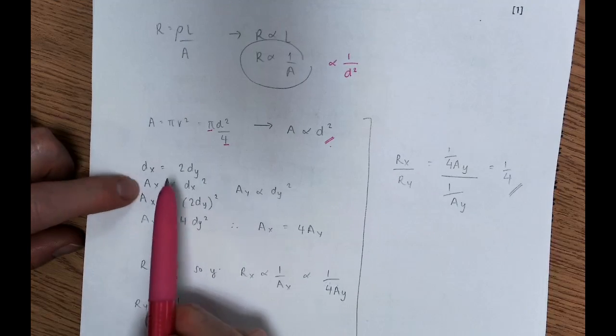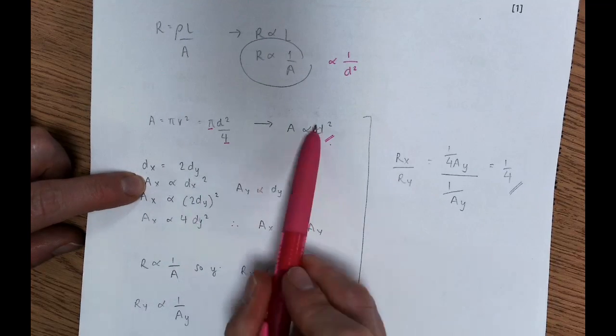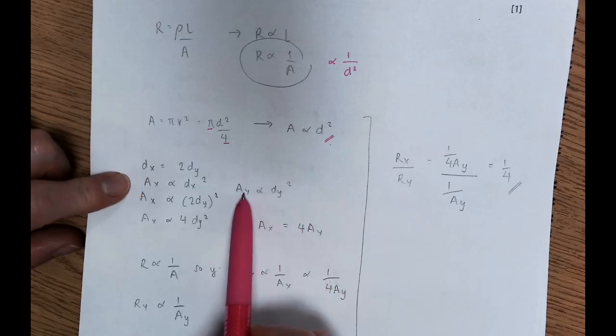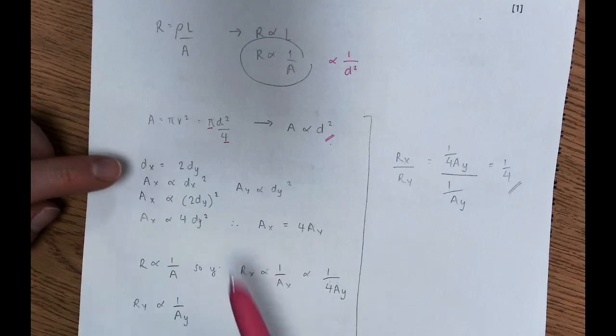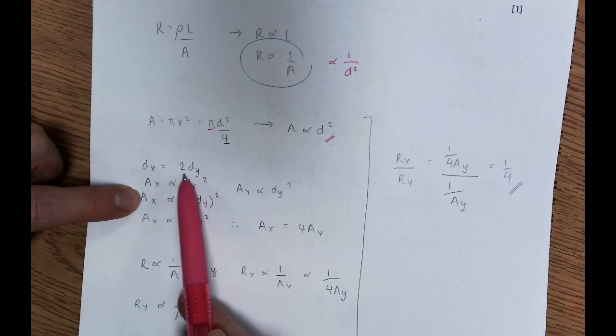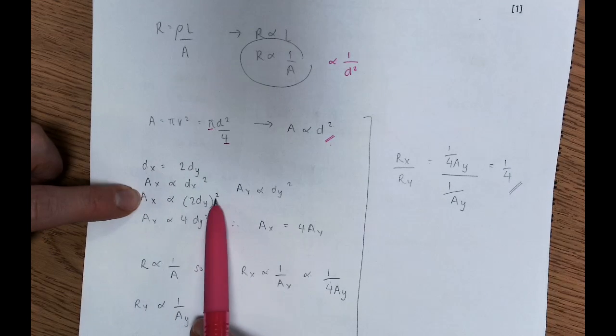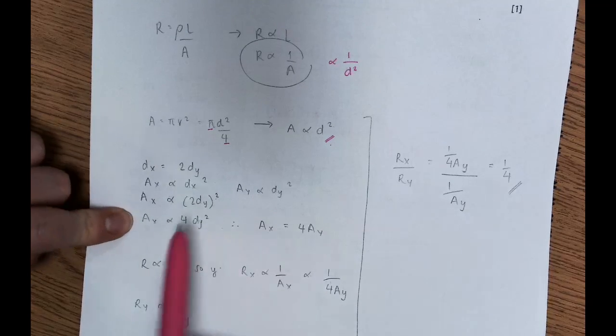Now, in the question, we are told that the diameter of X is twice the diameter of Y. If AX is proportional to dx squared, which we've just said it is, and AY is proportional to dy squared, then I can say that AX must be proportional to (2dy) squared, which means AX is proportional to 4dy squared.